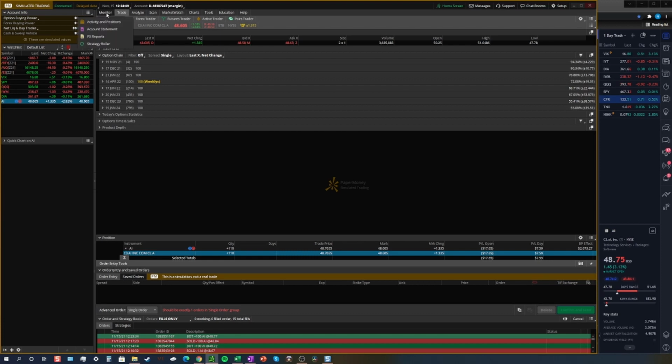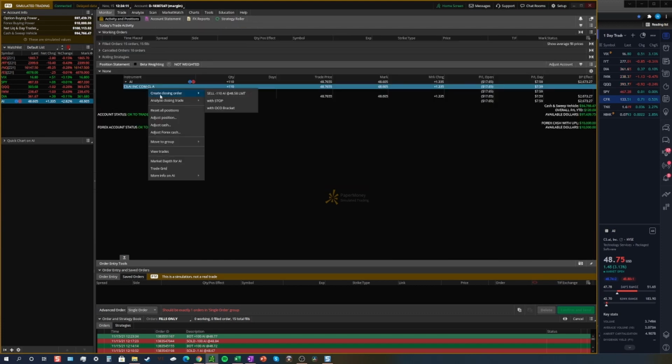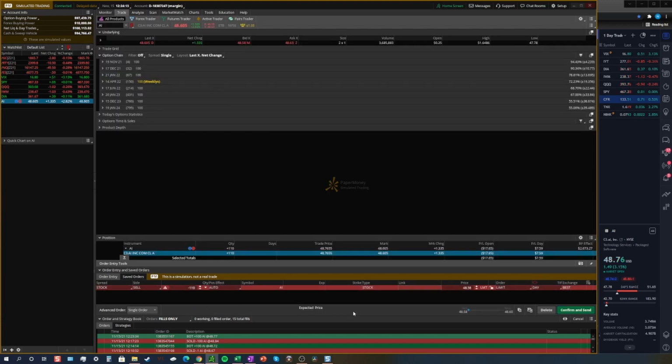So let's look at closing out this position, because this is where I think it'd probably be more useful. Trail stop limit. Okay, so our mark, we're going to make it pretty close.